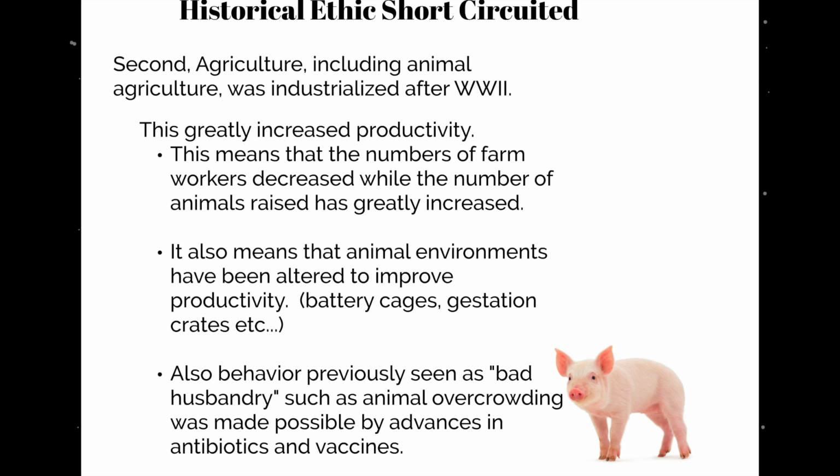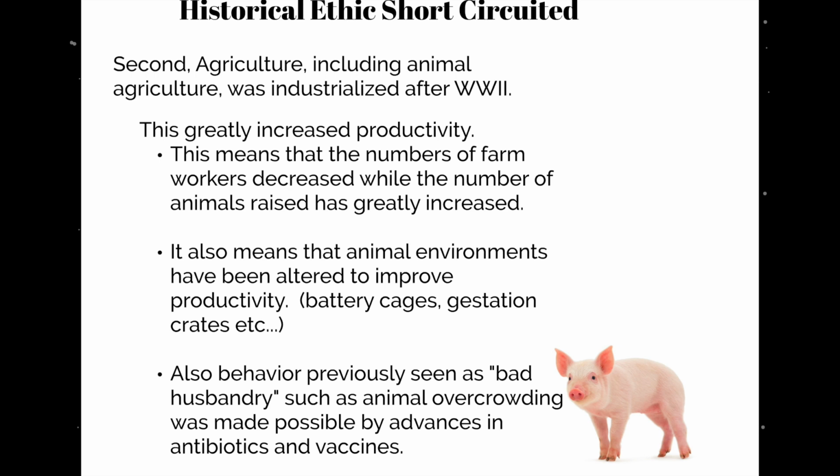So we have the decrease in workers on the farm. In fact, only about 1% of the American population right now is involved in farming as an occupation, which is incredibly low, especially since prior to World War II, we were looking at over 50%. So we have a reduction in the number of farmers, but an increase in the animals being raised.